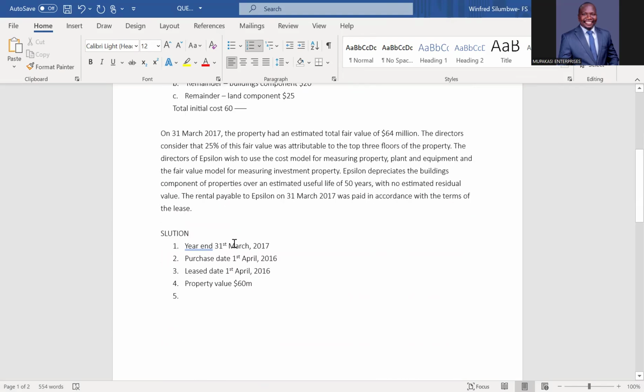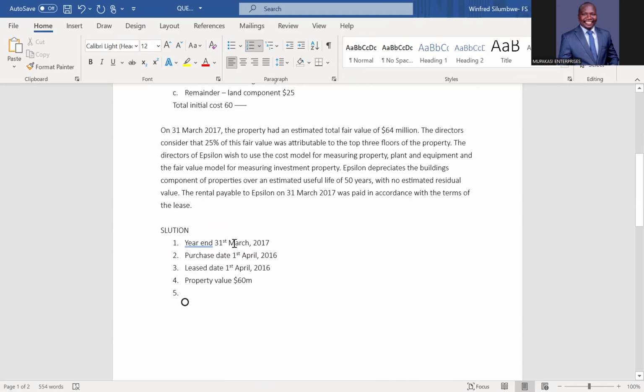And then the other item is that the fair value of this property increased to 64 million, of which 25% is for the top floor. Great. The other thing is that it was leased on an operating lease.